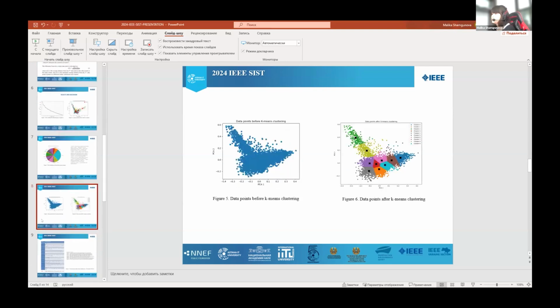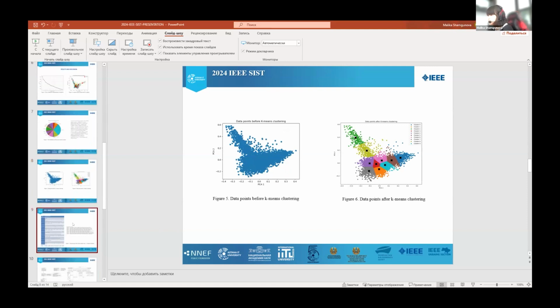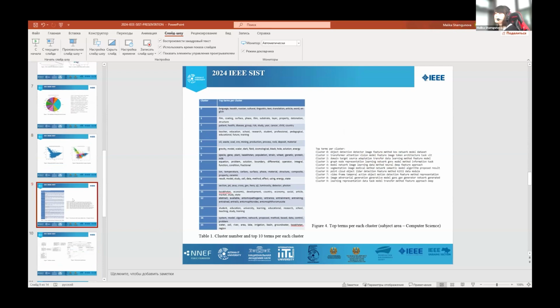Also, we applied it separately to the research papers with abstracts related to the subject of computer science. And here we can see the data points before k-means clustering and data points after k-means clustering being clusterized into different themes. Also, table 1 shows the cluster number and top 10 terms per each cluster.